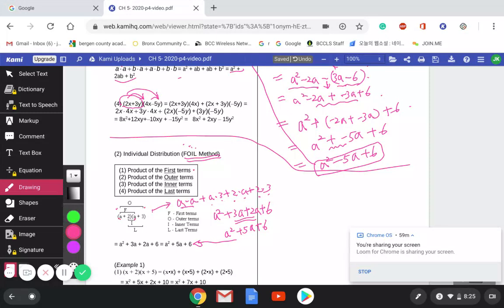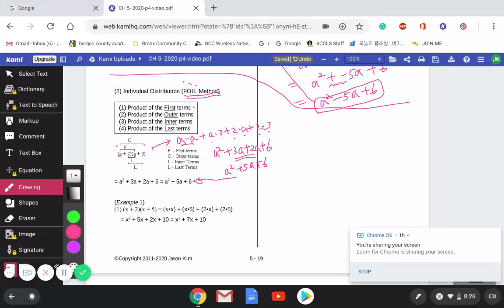So now, foiling again. Example 1: x plus 2 multiplied with x plus 5. If I foil it, x with x, x with 5. So you are distributing the first term with the 2 and the second one with the parenthesis.